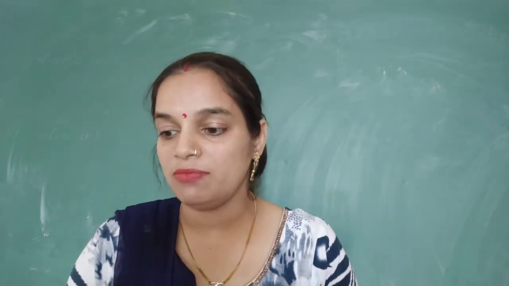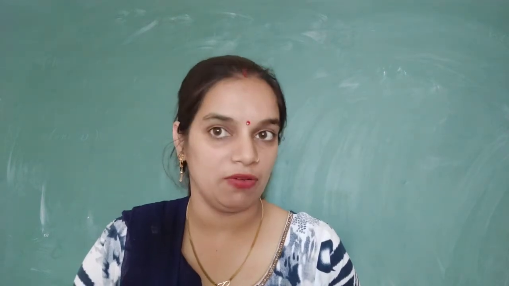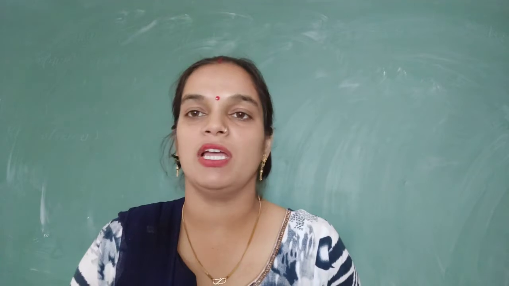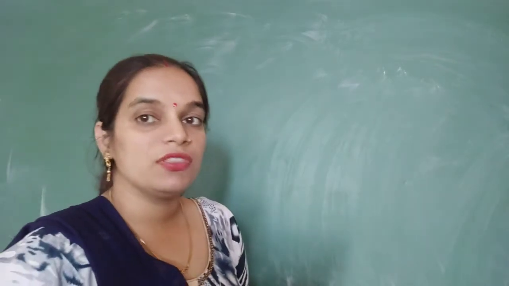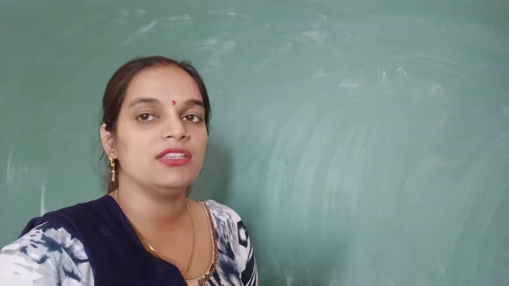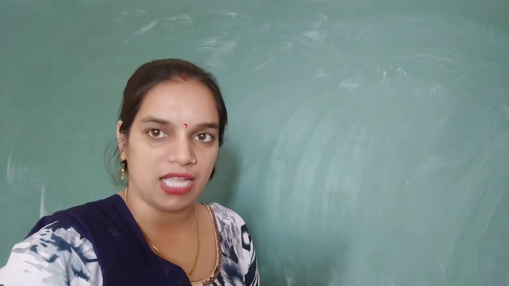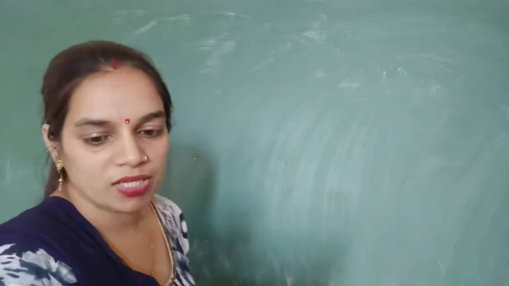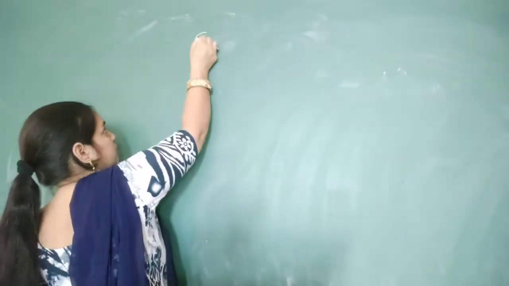And how many elements does X intersection Y have? Means we have to tell the number of elements in the intersection of set X and set Y. Now I am writing here firstly the number of elements in X union Y, then the number of elements in set X, and at last the number of elements in set Y. These are as given.